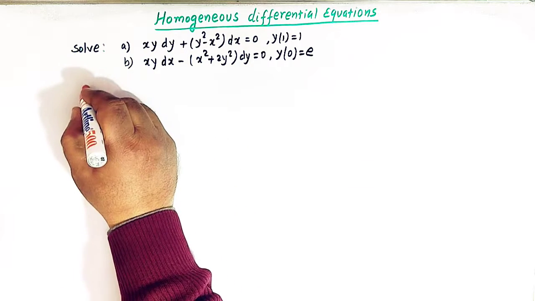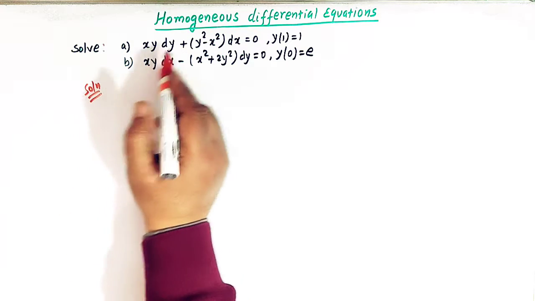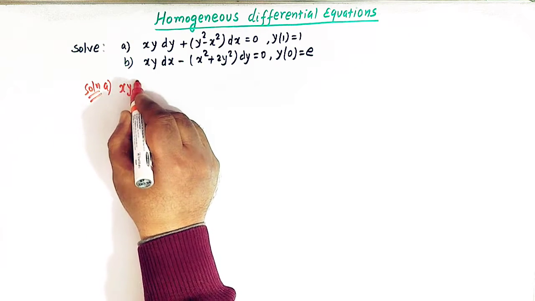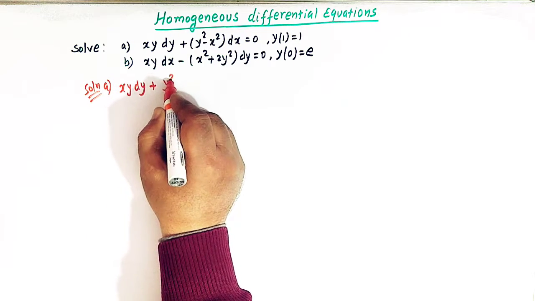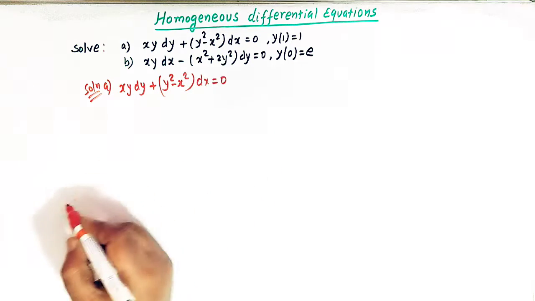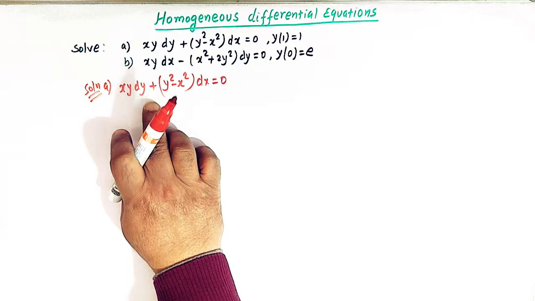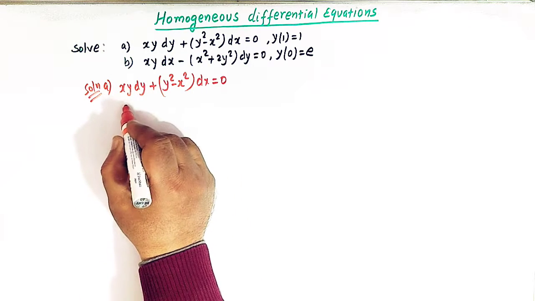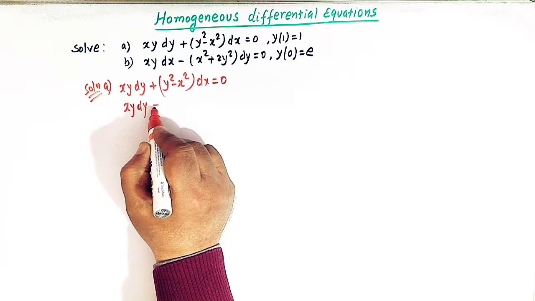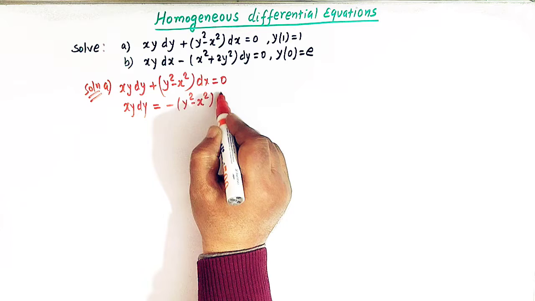So now let us first take this equation. Here we have xy dy plus (y square minus x square) dx is equal to 0. Now we can first express this differential equation like this, that is, xy dy is equal to negative of (y square minus x square) dx.